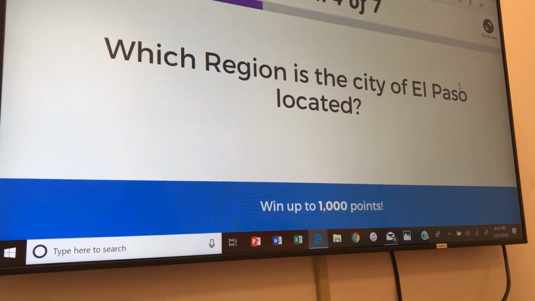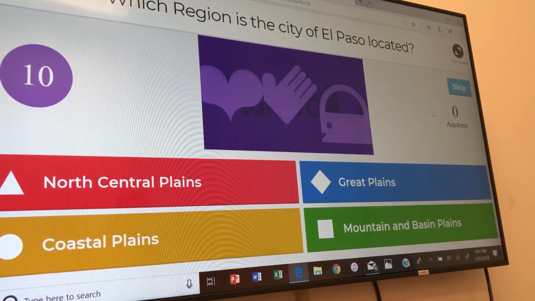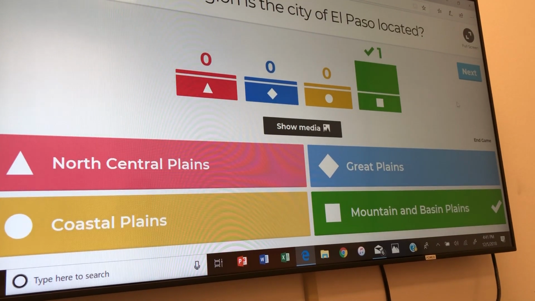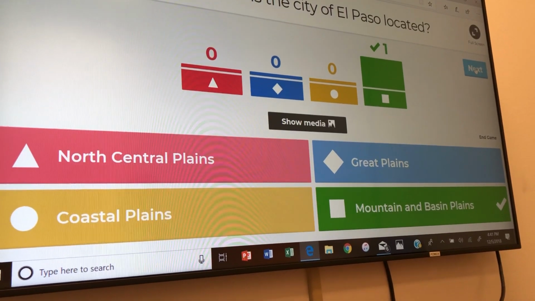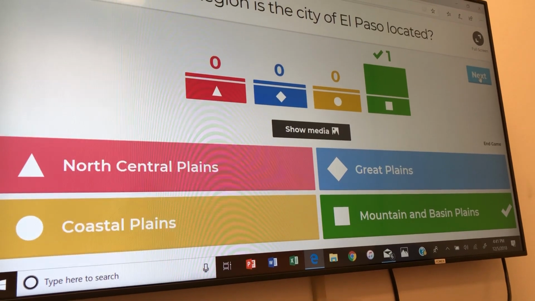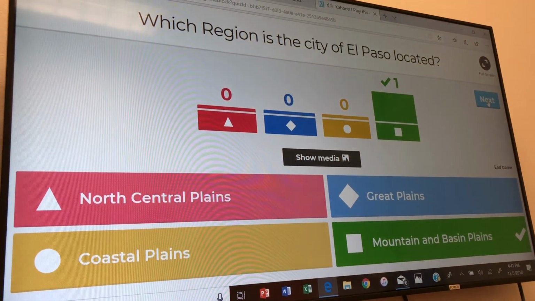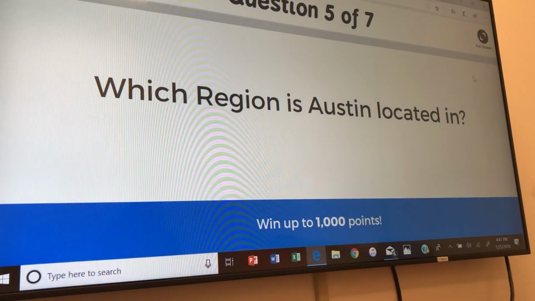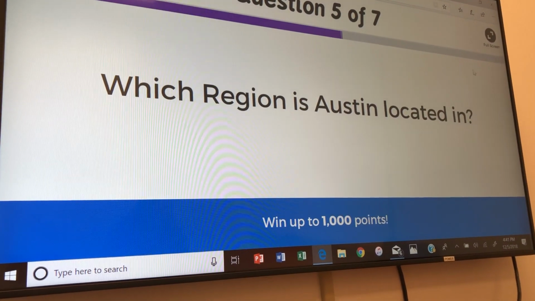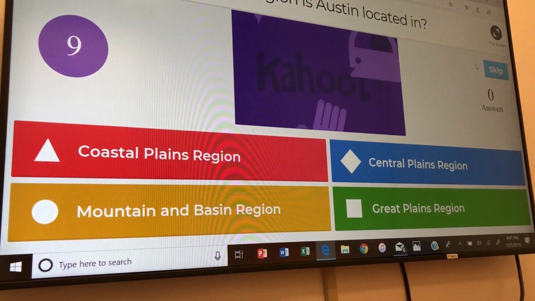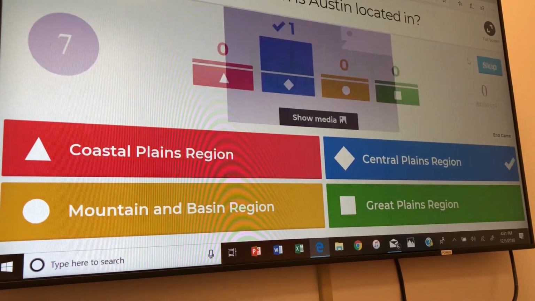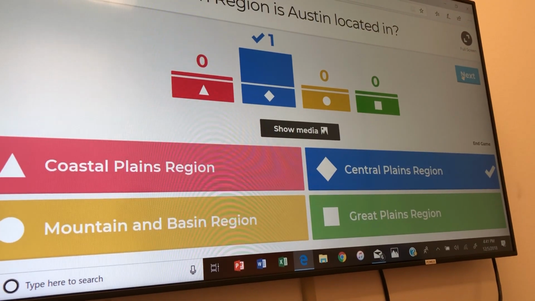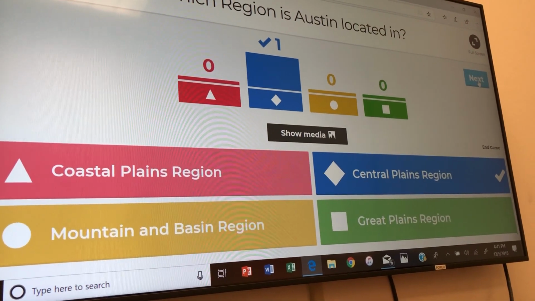Which region is the city of El Paso located? Good job. The Mountain and Basins region is where El Paso is located. Which region is Austin located in? Correct. Austin is located in the Central Plains region.